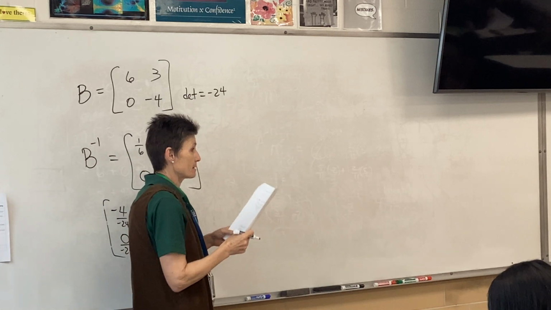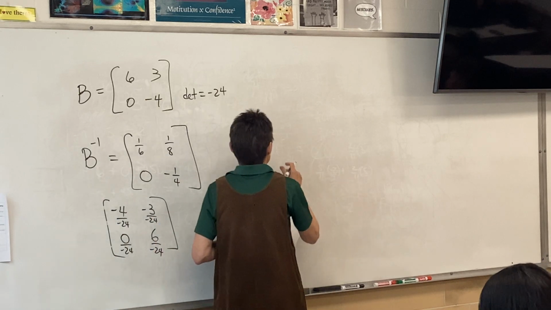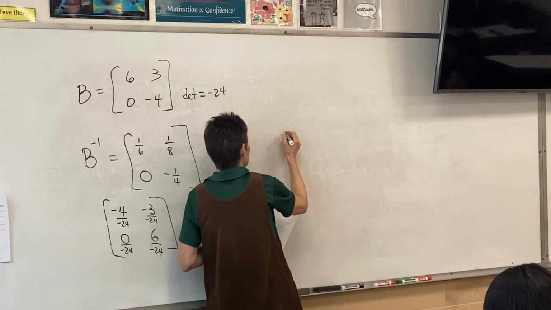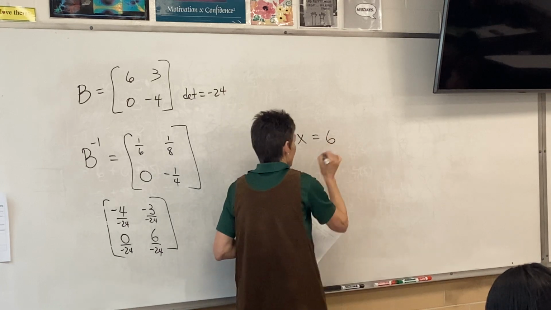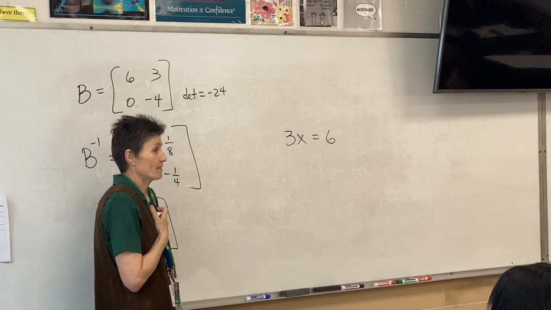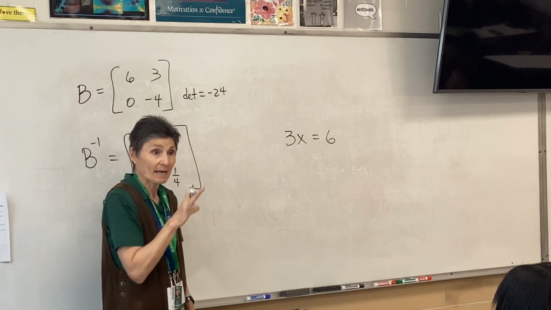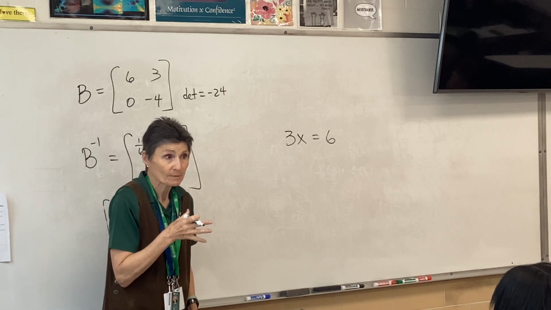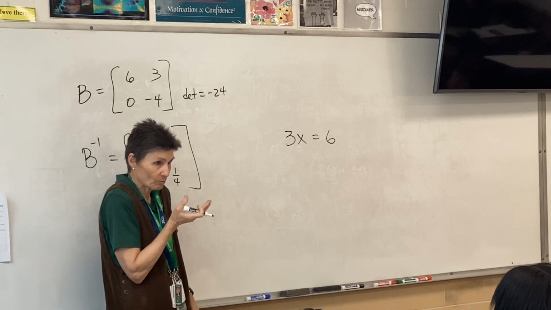I want you to just bear with me for a second. If I had, let's say, 3x equals 6, and my job was to solve that, that means get x by itself, right? Which means somehow I gotta make that 3 go away. I would probably think, let's just divide by 3.